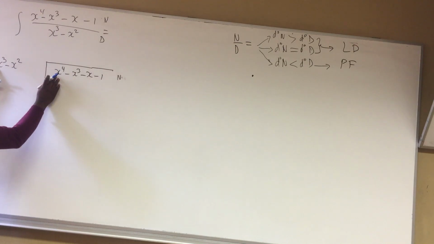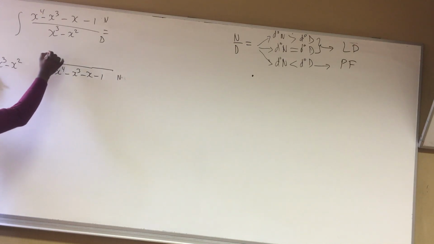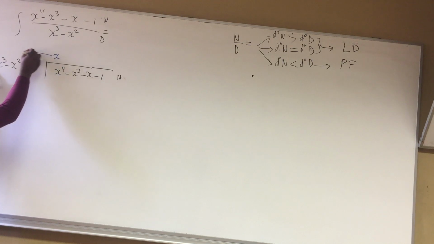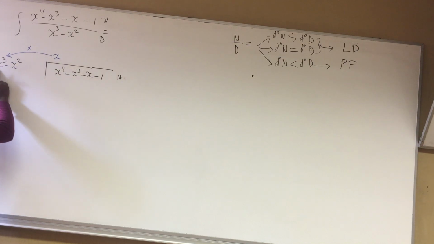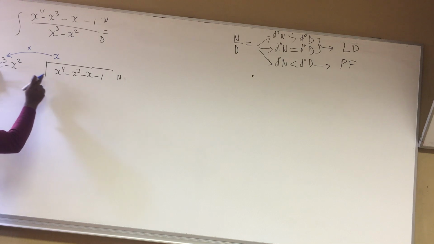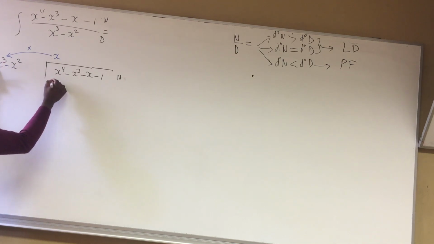So here I have x exponent 4, here I have x exponent 3, which means I have to put x exponent 1 here, because when you multiply, it's going to be x times x cubed, which is x to the power 4. When you come this side, you have to change the sign. Every time you come this side, you change the sign.